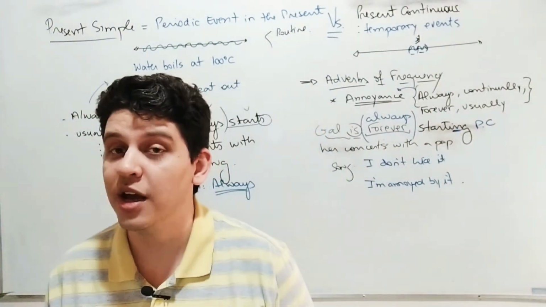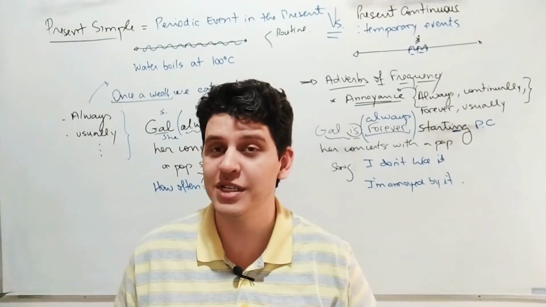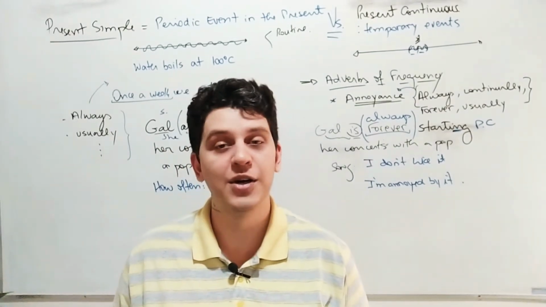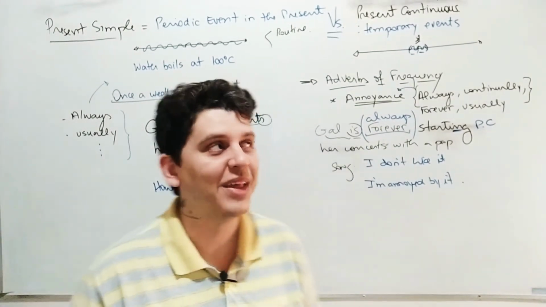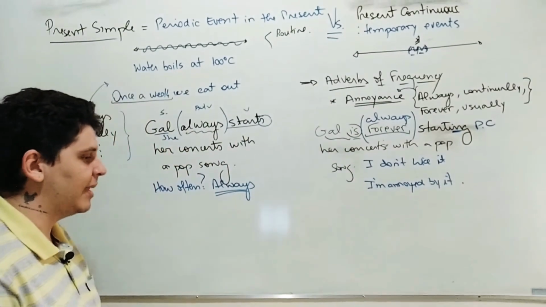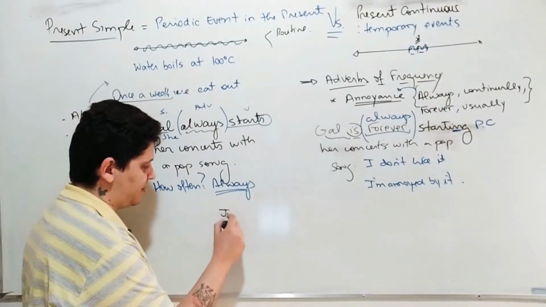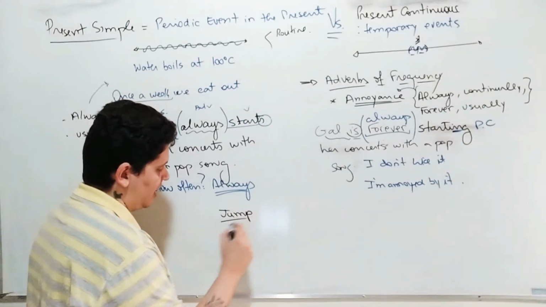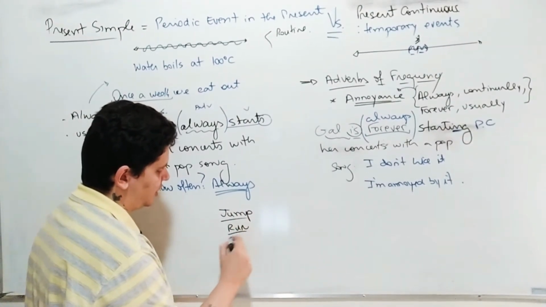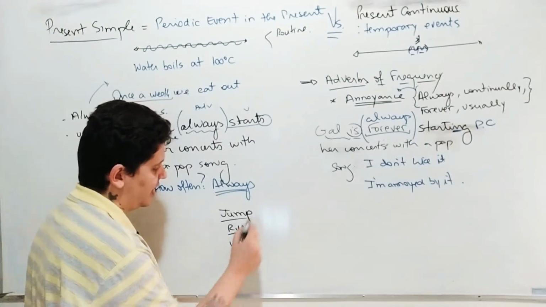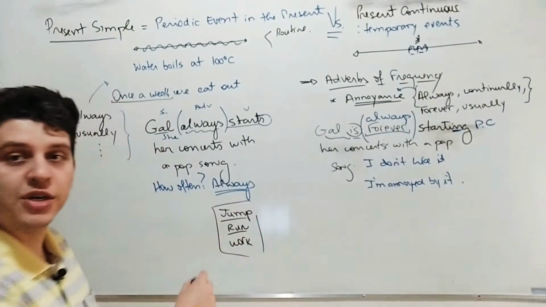Okay, it's quite common for students to get a little confused at this moment, but let's hope that you will not be one of them. Look at this. I will say that this is the word jump. Run, another word, work. So you see these verbs that I wrote here on the board.